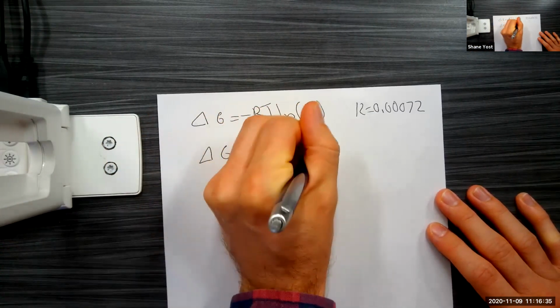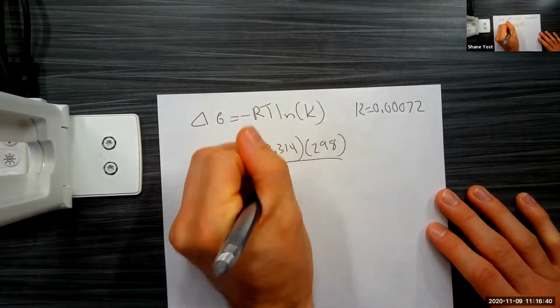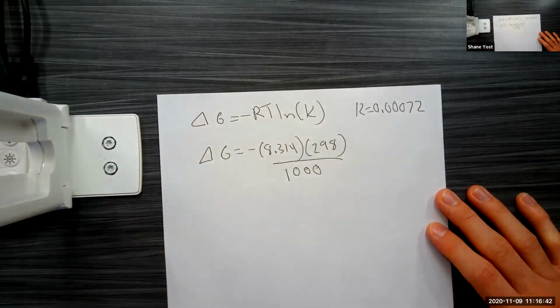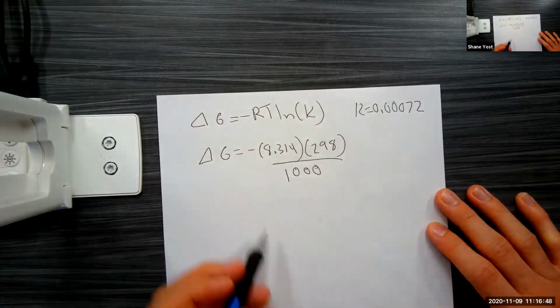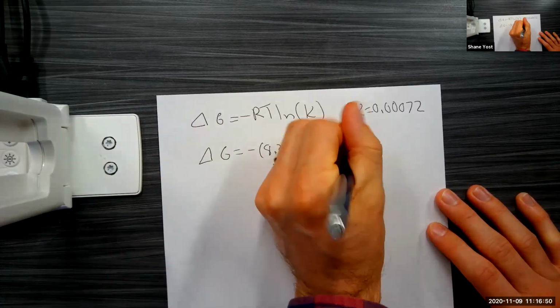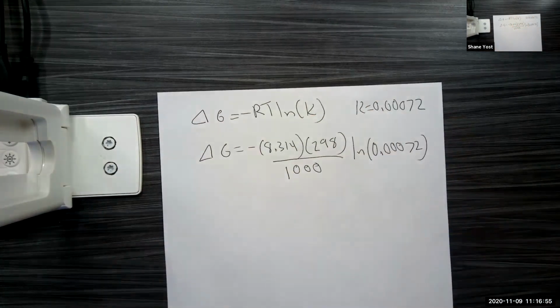So then delta G just equals minus 8.314 times, I assume the temperature is 298. I'm going to divide all of this by 1,000, because 8.314 is in joules and the answer is asked for in kilojoules, right? And then the natural log of 0.00072. Okay, I'll just do that right now. Natural log times 8.314.